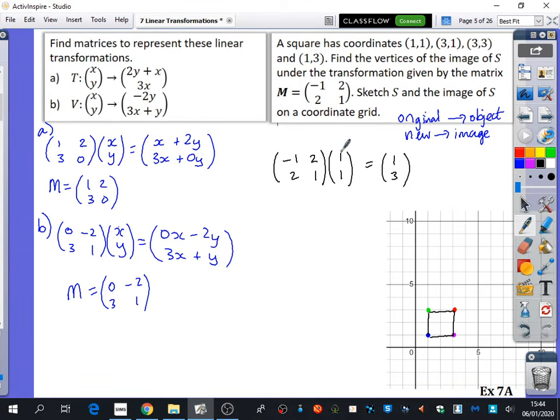So the 1, 1 coordinate, which was blue, is being mapped to 1, 3, which I'm going to mark here with a cross. Now, there is a better way of doing this. Can anybody suggest what would be a quicker way of doing this? Pardon? No, you could do it with the centre of the square, but we don't know that it's necessarily going to give us another square.